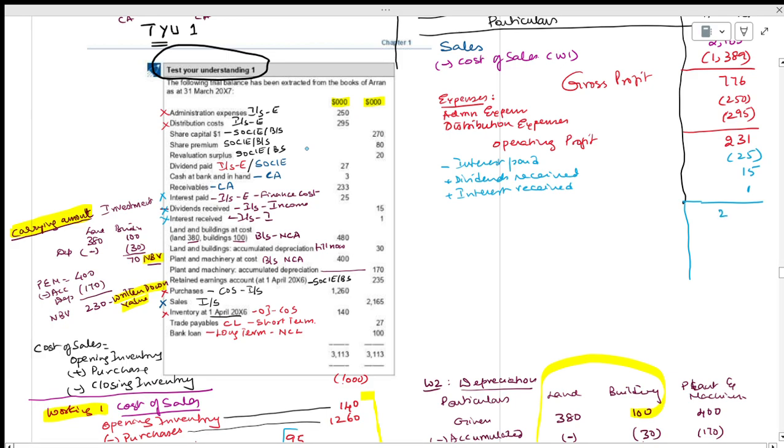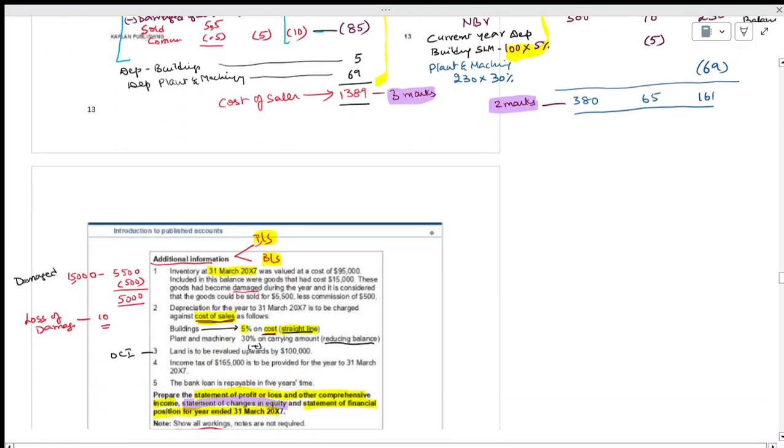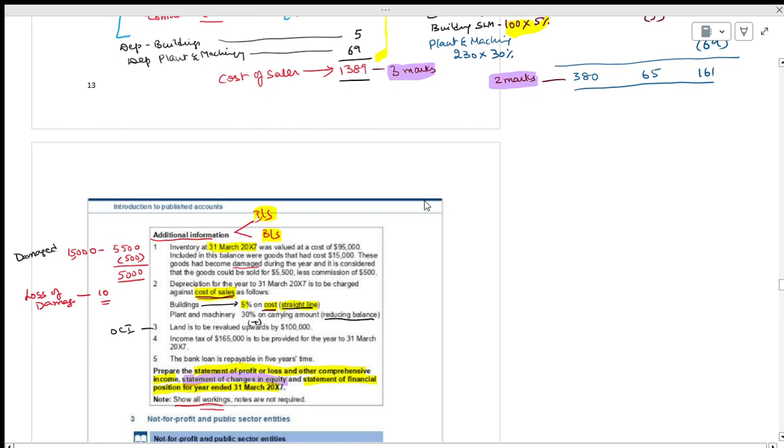222. This is called profit before tax. Okay. Now you have to pay income tax. You see point number 4.